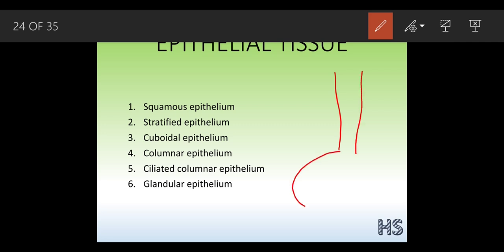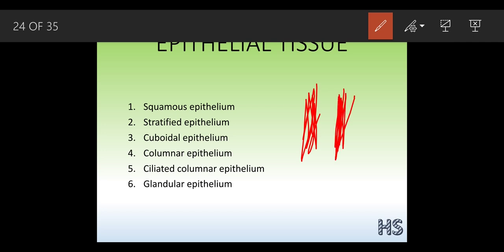If food comes inside this esophagus, it should be able to travel down easily towards the stomach. So that is why it should be flat only. If the linings are too thick like this, it becomes very difficult for the food to go down. So that is why these tissues should be flat only, so that there is no problem or irritation to any substance that enters into our body.